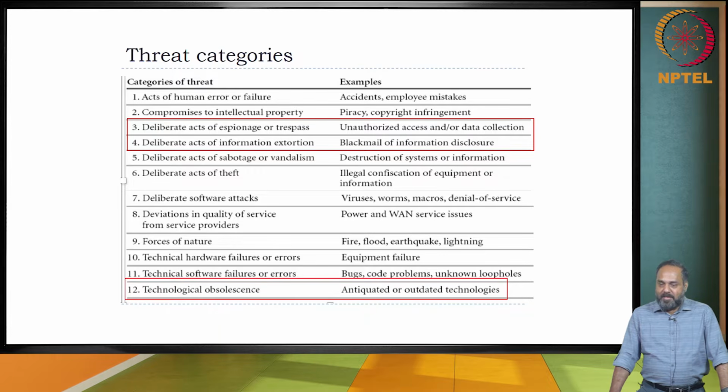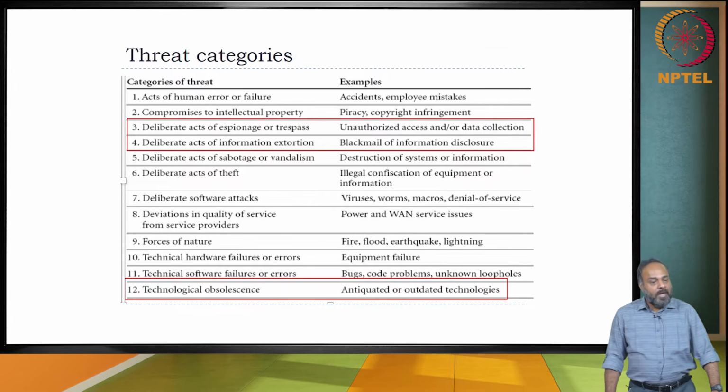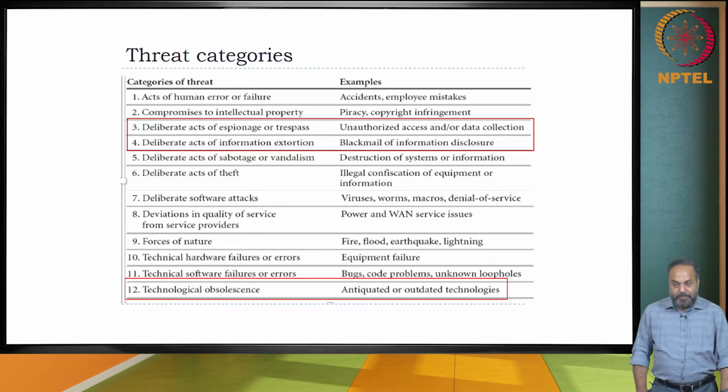If your machine is not updated, if you are having a Windows 8 and you are running your critical business on Windows 8 and you don't want to invest in software or hardware, you are running a high risk with respect to cyber security. And you have cases after cases where machines became vulnerable as they are not updated. So that is a threat category.